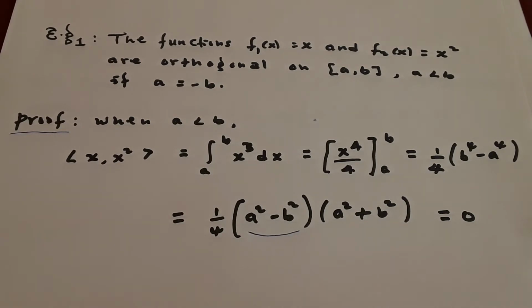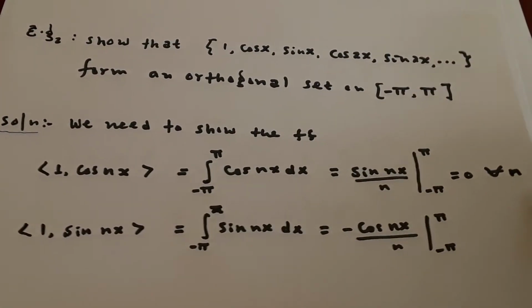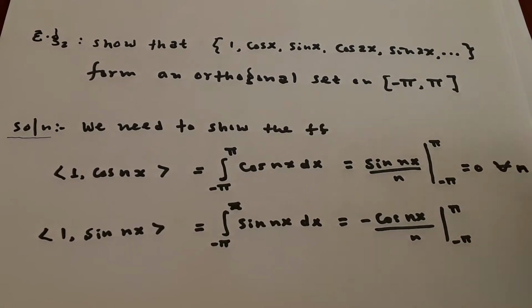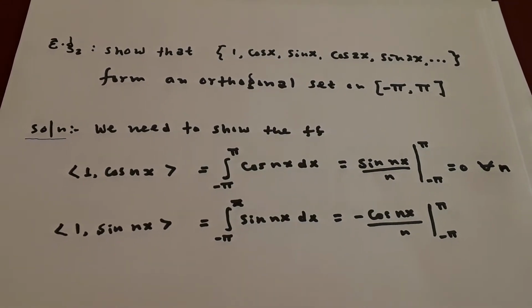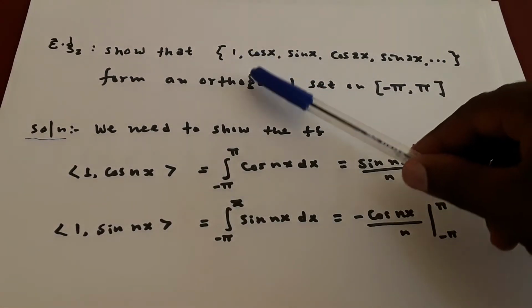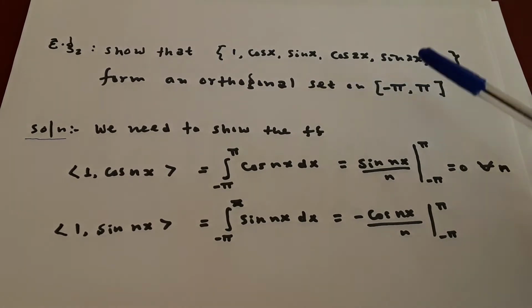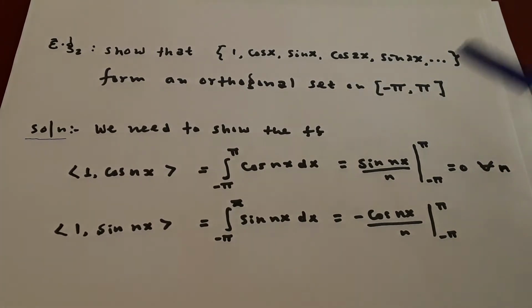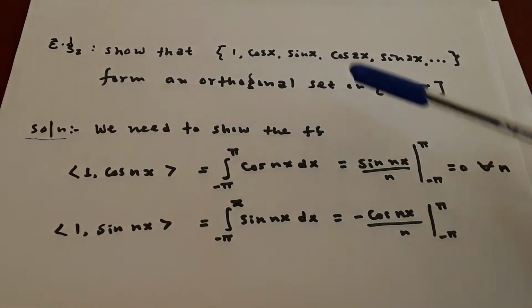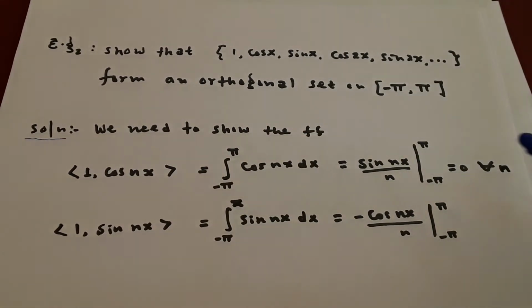One more instance, we need to show that this set is an orthogonal set on minus pi to pi. That is 1, cos x, sin x, cos 2x, sin 2x, cos 3x, sin 3x, and so on. This is an orthogonal set on minus pi to pi.